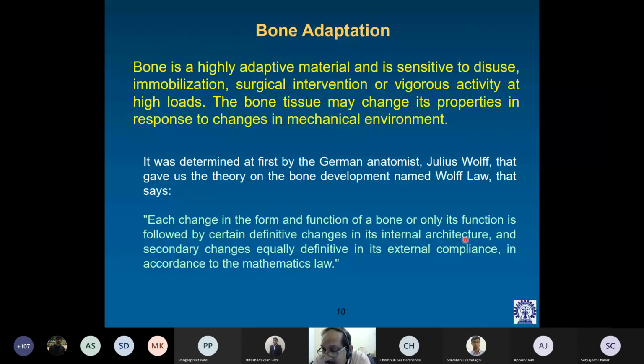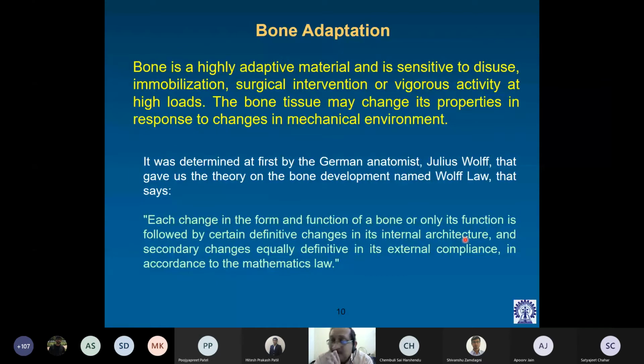So there is a definitive change in the external compliance, the geometry, the thickness of the cortical layer. All these visible changes happen in the human body during the growing period from a child to adult. But once you reach adulthood, your bone structure reaches an equilibrium as far as the structural changes are concerned.